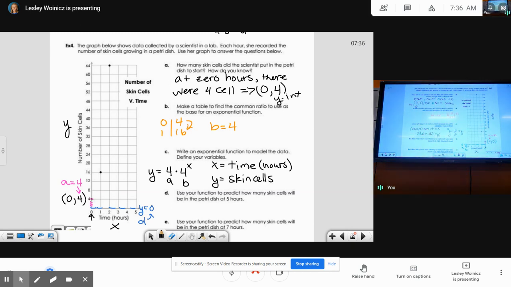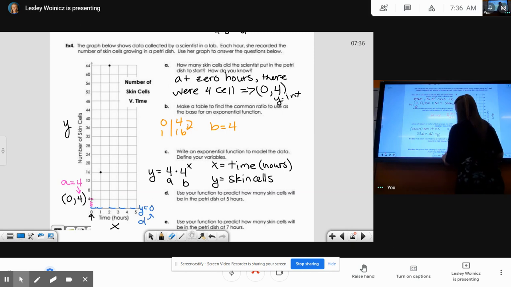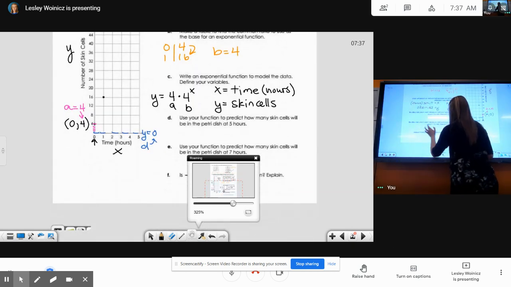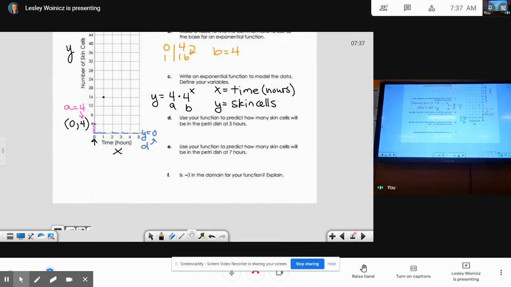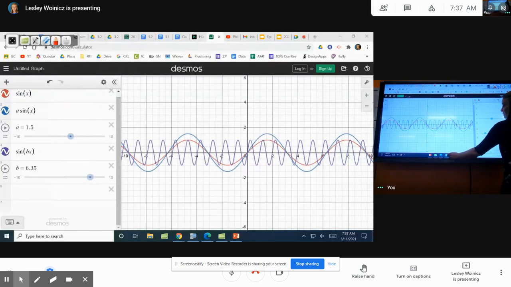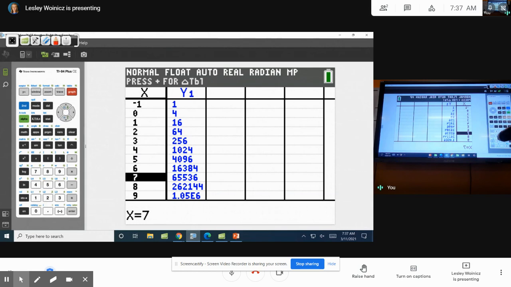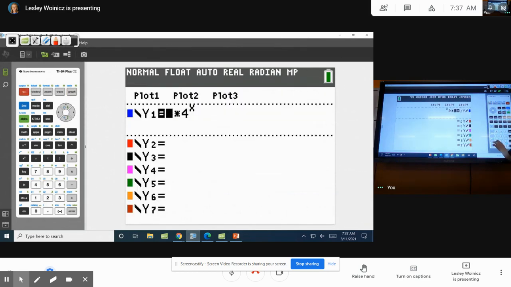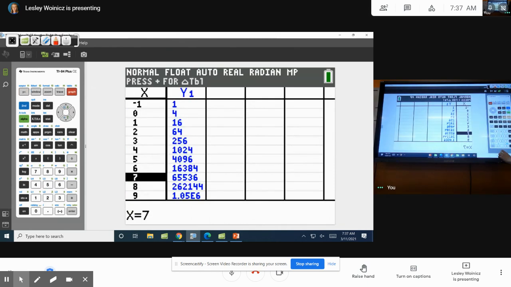Now we have to use our function to predict how many skin cells will be in the Petri dish at 5 hours. So to do that, I'm going to use my calculator, because I can get a whole lot of stuff from my calculator. I'm going to put this in the y equals on my calculator. So I've got 4 times 4 to the x in there. And I want to go to my table.